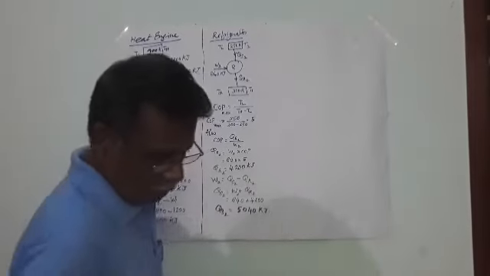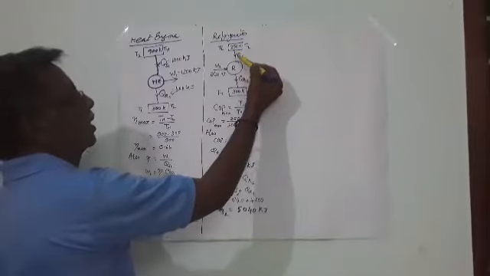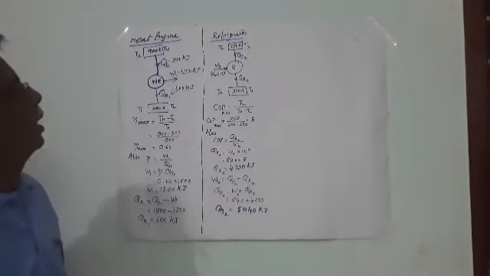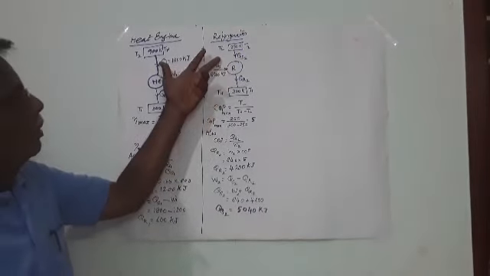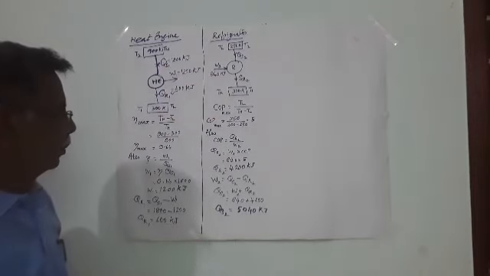This is QS2, that is the quantity of heat extracted from this refrigerator when it is operated between the temperature limits of 250 Kelvin and 300 Kelvin.